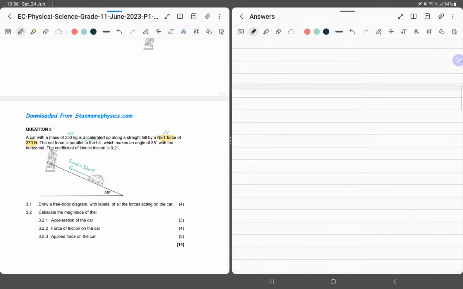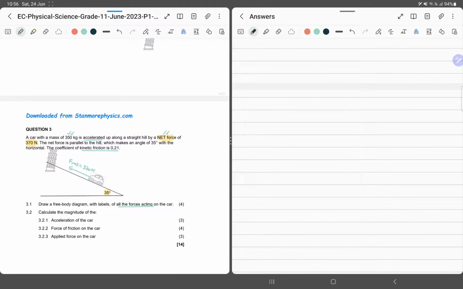Anyway, it says now which makes the angle of 35 degrees. So there's the angle we can see with the horizontal, and then we're given the coefficient of kinetic friction is 0.21. Okay, so that means there's going to be friction here as well. Now it says draw a free body diagram with labels of all the forces acting on the car.